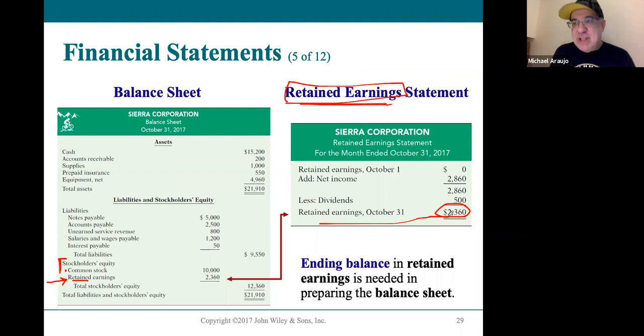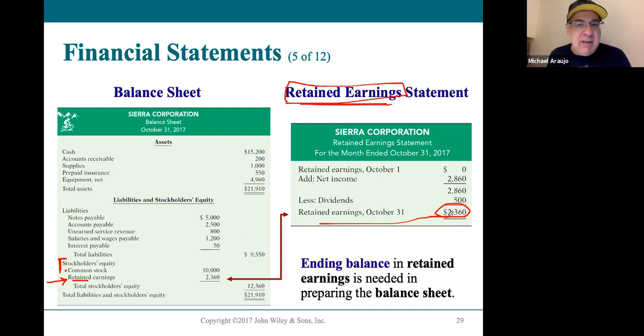So as such, it's not emphasized in accounting all that much. It's an important statement, but it's a basic statement. And the only account that goes on retained earnings that you're not going to see on the other financial statements is this dividends account. It's going to be kind of stuck here.